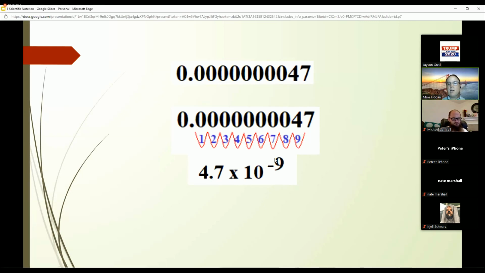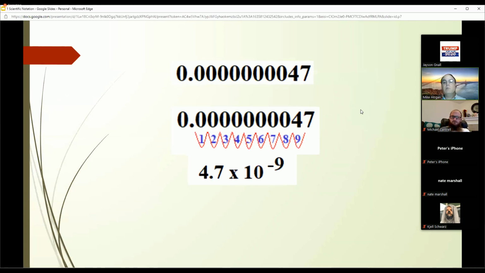Well, when we look at exponents, we know that any number raised to the 0 power is 1. So it's smaller than 1, which means that I have to start going in a negative direction. Now, if I start off with a small number, this exponent is always going to be negative. If it's a number less than 1, I'm going to have a negative exponent. If it's a number greater than 1, I'm going to have a positive exponent.